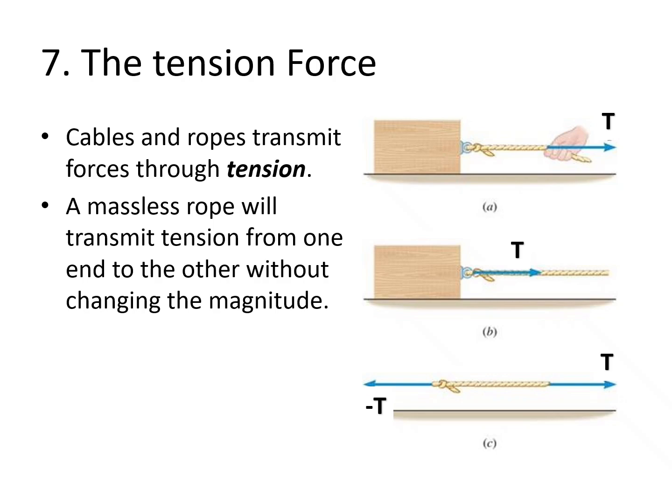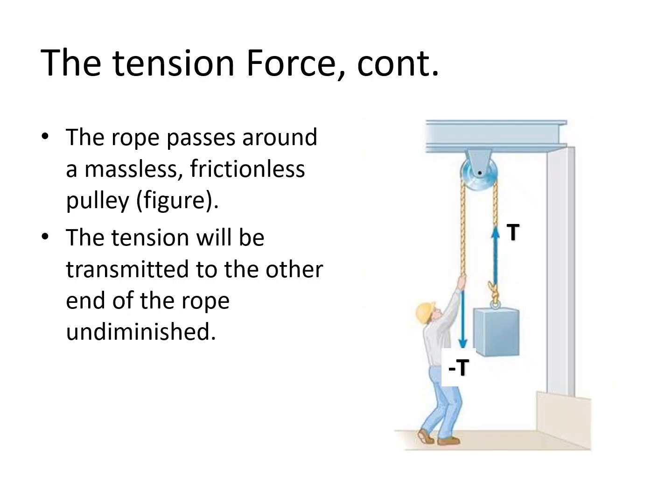In many real systems, ropes pass over pulleys. Let us see what happens to the tension when the rope changes direction. Now consider a rope passing around a pulley. In this example, we assume the pulley is massless and frictionless. These assumptions are important. If the pulley is frictionless, it changes the direction of the rope without reducing the tension.